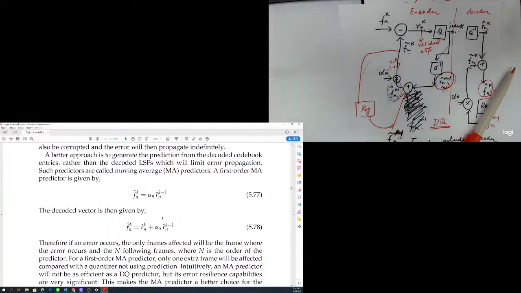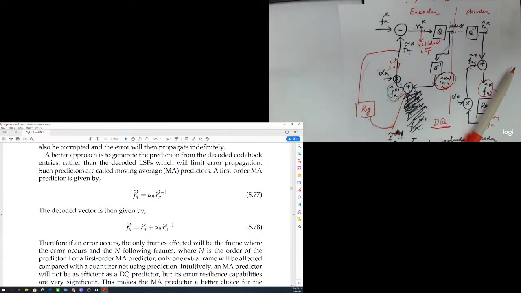However, because your prediction is based on the residual signal, the interframe correlation becomes a little bit lower. It is not like the recovered line spectrum frequency, which has a high correlation for neighboring line spectrum vectors. But right now your prediction is based on the residual vector, and the correlation of the residual vector is a little bit lower than the decoded line spectrum frequency.